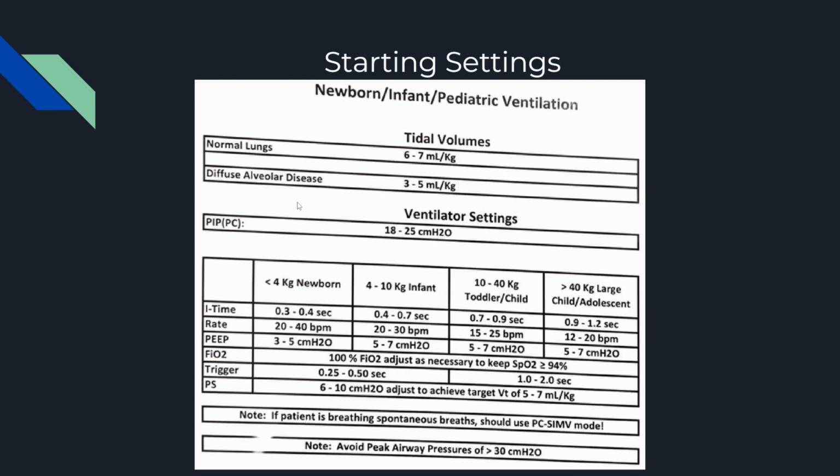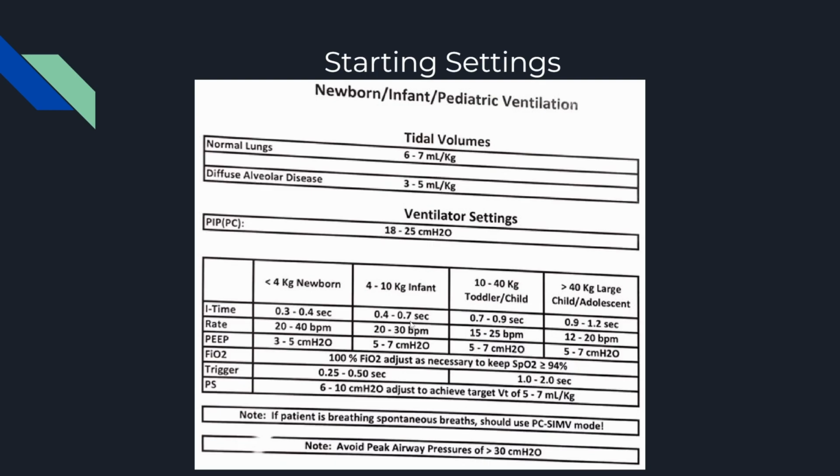For ventilator settings, generally with a PIP also, and I didn't mention this, when you very first turn on the machine, it's going to ask you if you want to do same patient or new patient. Always do new patient. And then it's going to ask you infant, child, adult. So you'll just set those according to your patient. And then your PIP on your pressure control for a kid, you want 18 to 25.